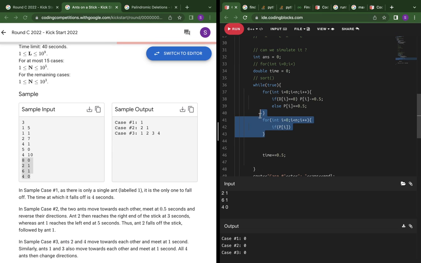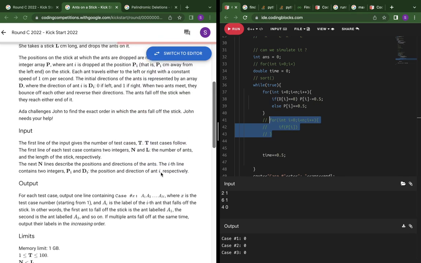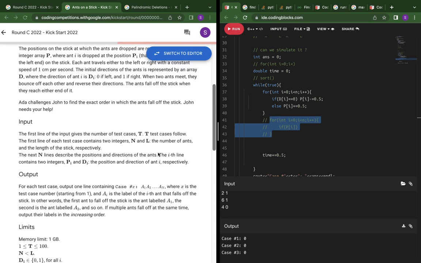What I can do is basically, can p of I be the same for two ants at the start?